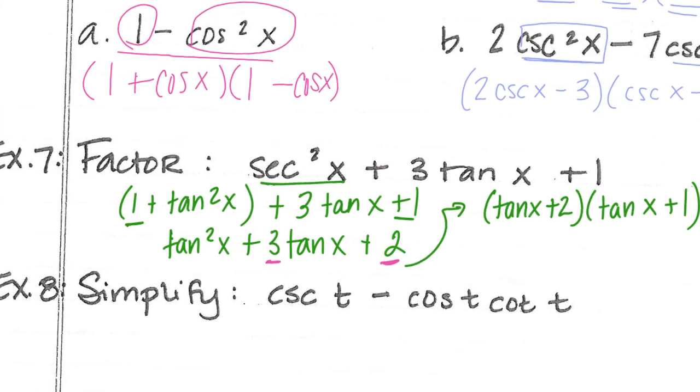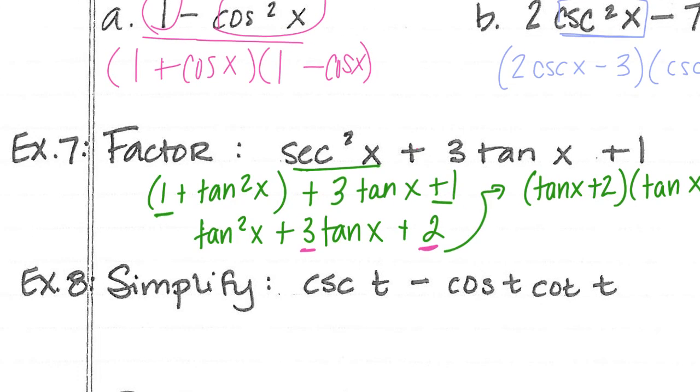They're asking us to simplify the cosecant of t minus cosine t times cotangent t. Well, this one doesn't look like much fun because nothing's the same. So the first thing I always encourage my students to do is take everything and put it into sine and cosine. So I know that this is 1 over sine of t.